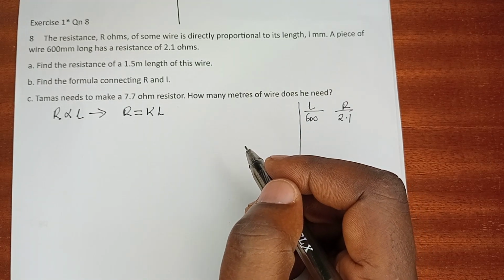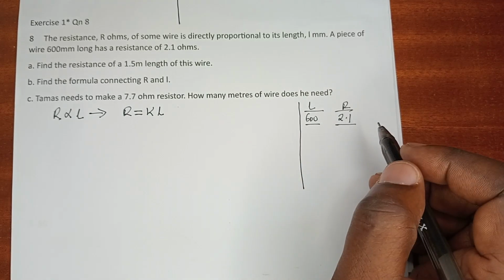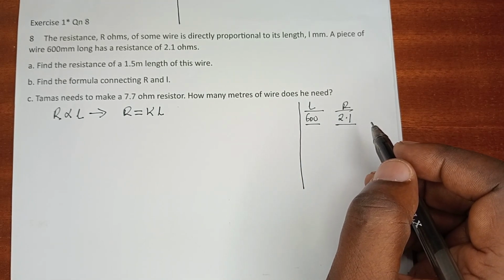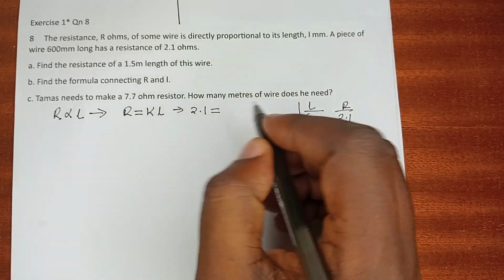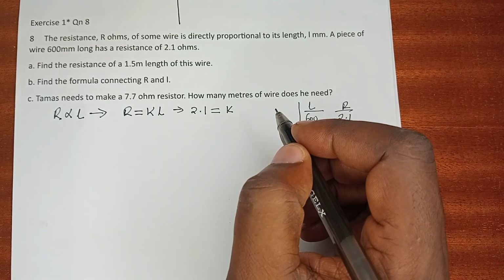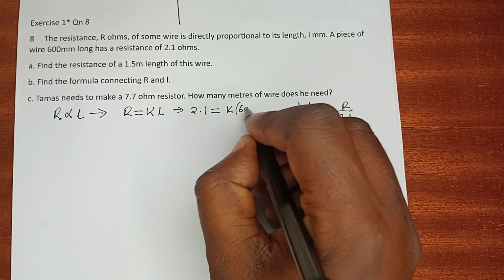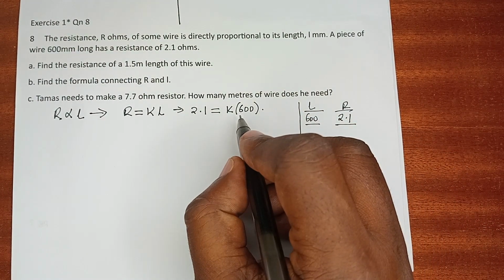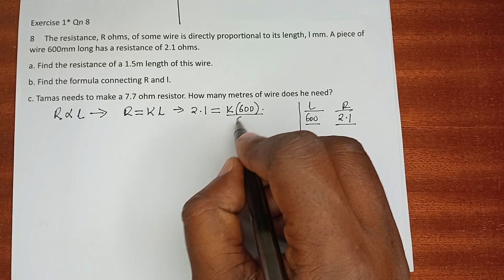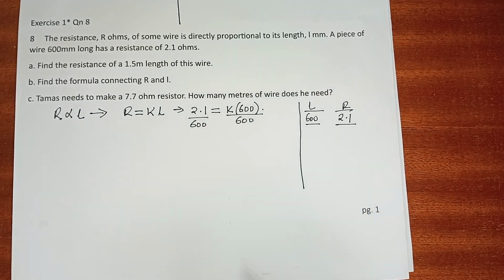For us to get the value of K, we substitute these details in the equation formed. The resistance 2.1 is equal to K, the constant of proportionality, times 600. And remember, these are millimeters. So to get K, divide both sides by 600.